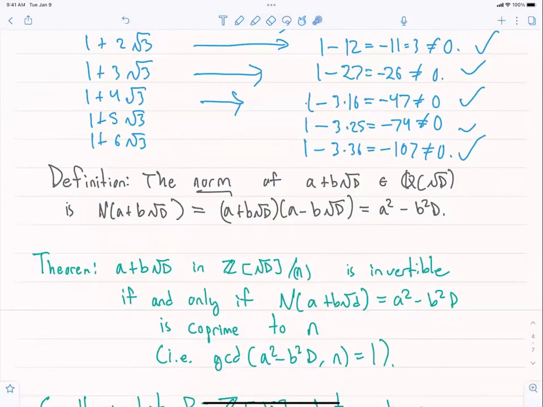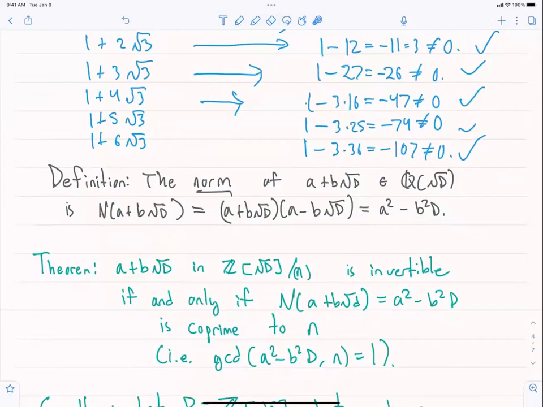To show that if the norm is coprime to n, it's invertible, you just clear the denominator, you rationalize the denominator, like we did in that example, and then you just need to be able to invert A squared minus B squared D. This condition that it is GCD 1 with n is exactly a condition that you can already do this in Z mod nZ.